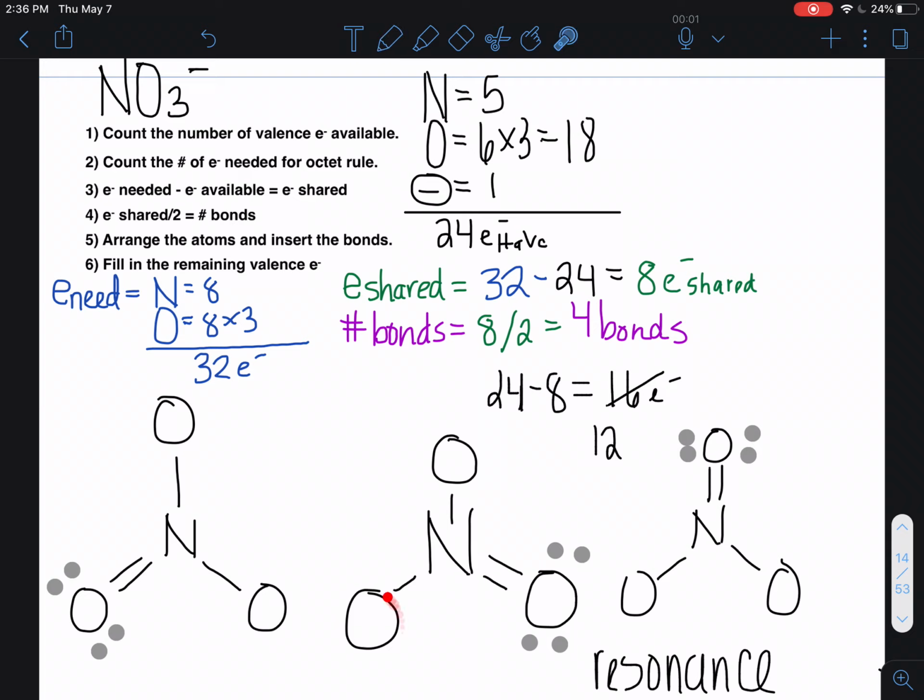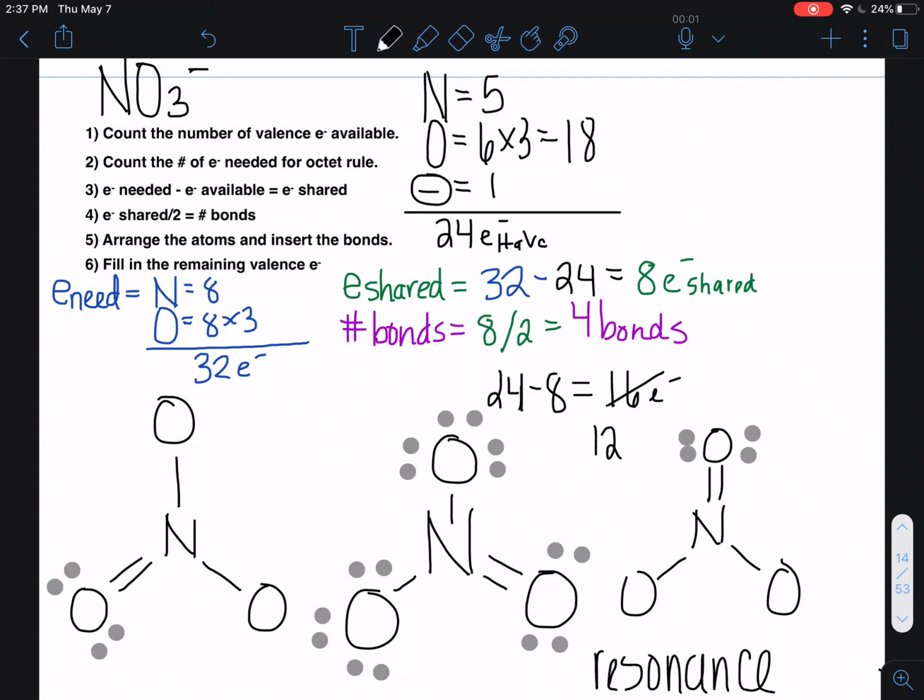These 2 oxygens are equivalent, right? Each one has 2 electrons associated with it. Each one only needs 6 more. And it turns out I can divide 12 by 6 and give each oxygen 6 electrons, okay?